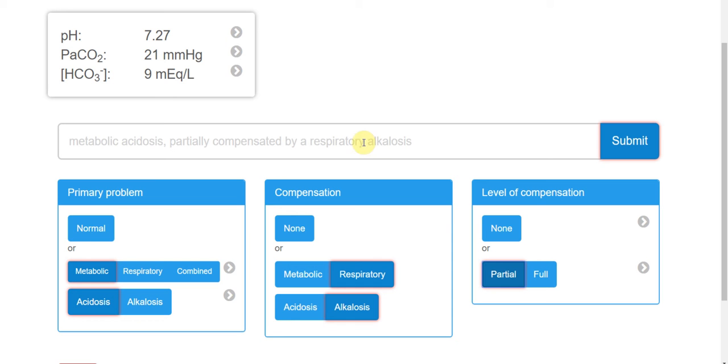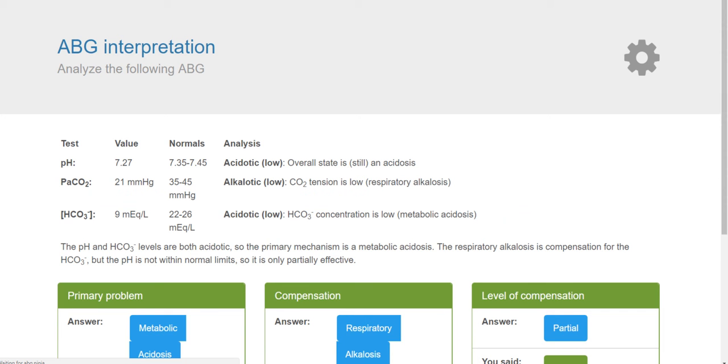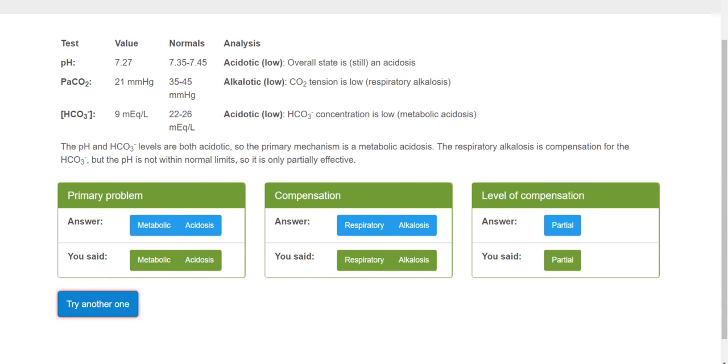We have our 21 for PCO2, indicating we are compensating with a respiratory alkalosis because this is alkalotic, and it's only partial because it is a 7.27. It has not re-entered a normal range yet. And we are good there.